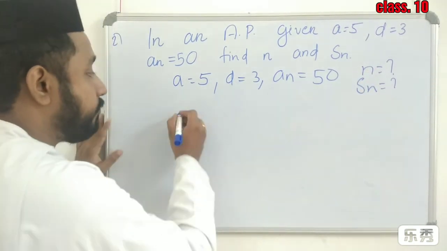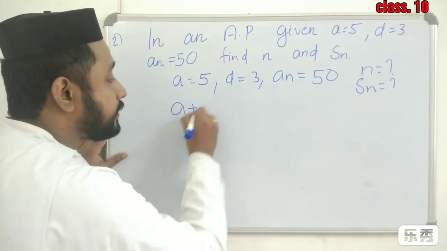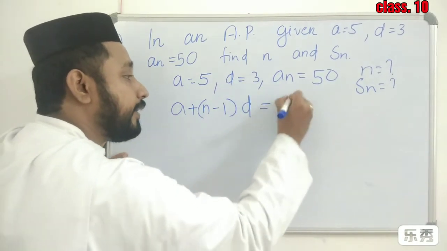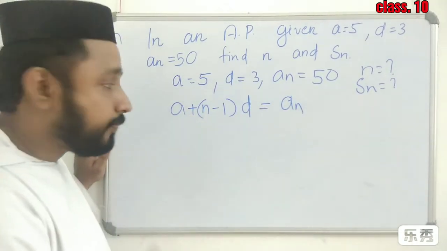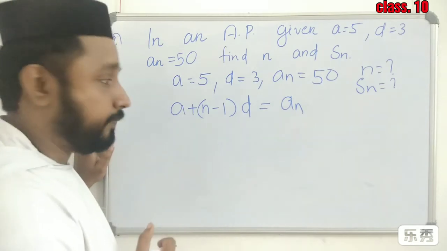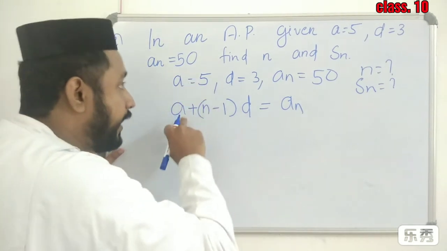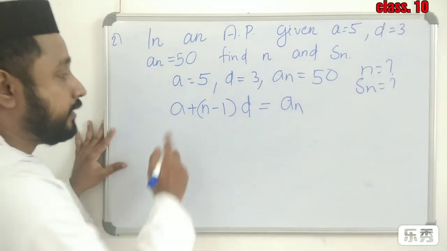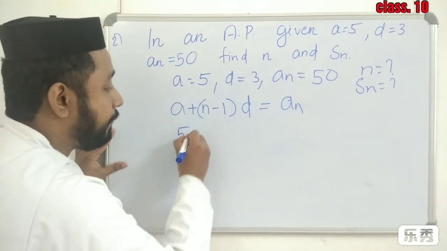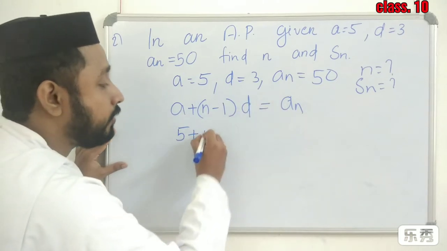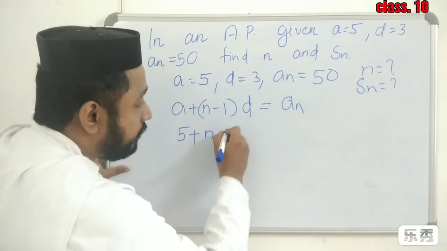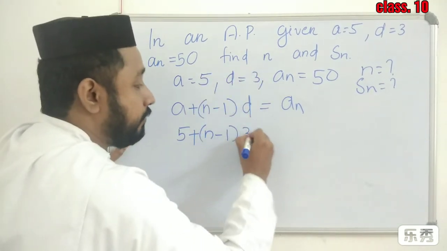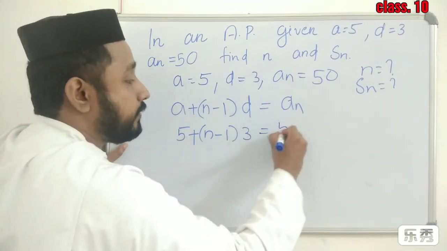We know the formula for an is a plus (n minus 1) into d. We have studied an is equal to a plus (n minus 1) into d. Substitute the values of a, d and an, and we will get the value of n. A is 5 plus (n minus 1), we don't know the value of n, we have to find it, into d, d is 3, which is equal to an, which is 50.